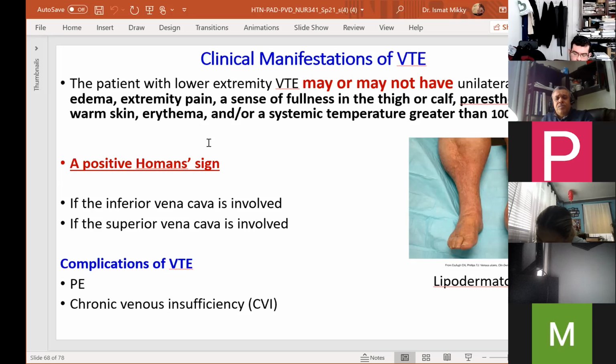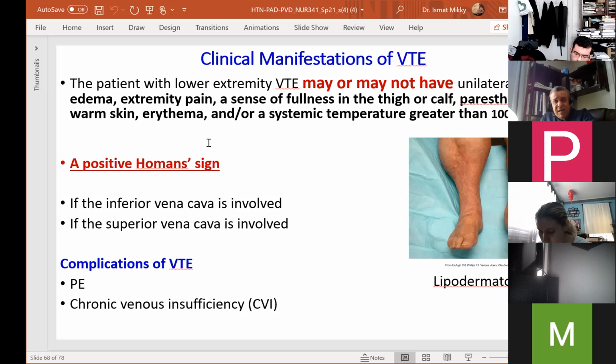PTS is shown to be present in 8 up to 70% of patients with DVT, or what's now called VTE.